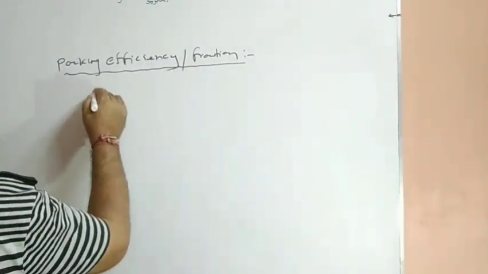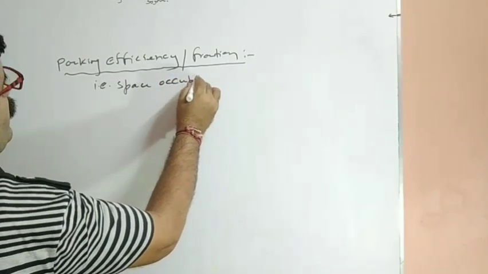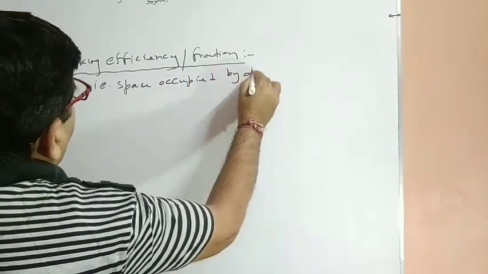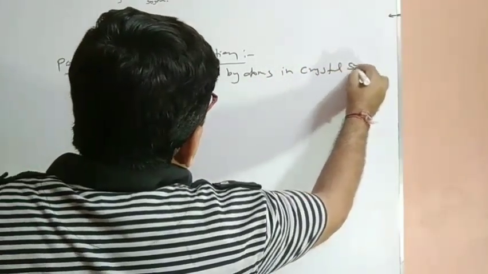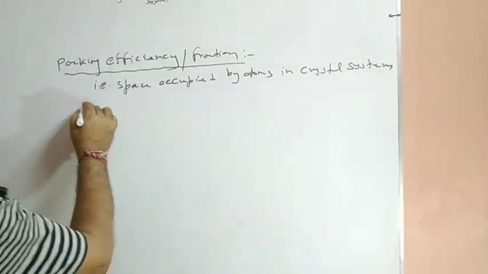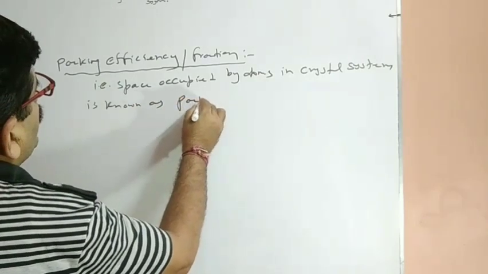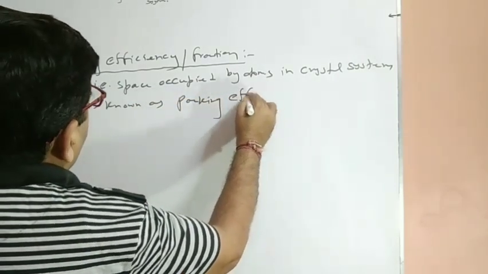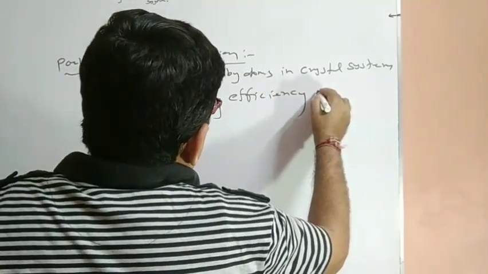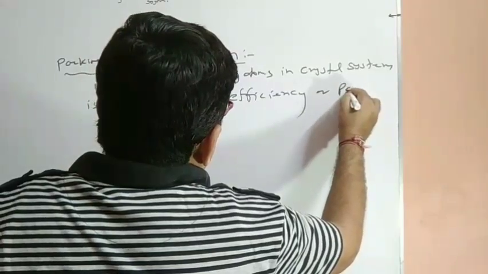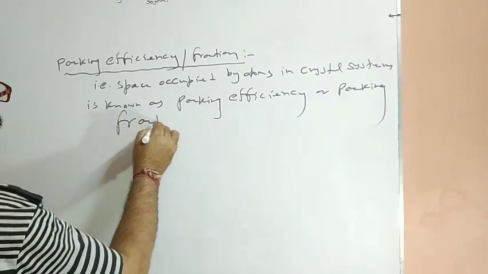That is, the space occupied by atoms in a crystal system is known as packing efficiency or packing fraction.